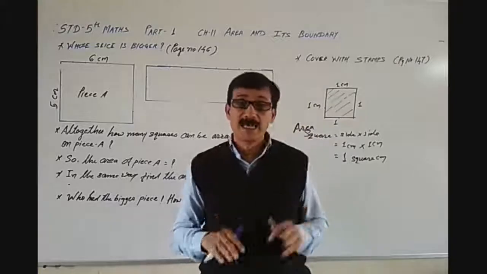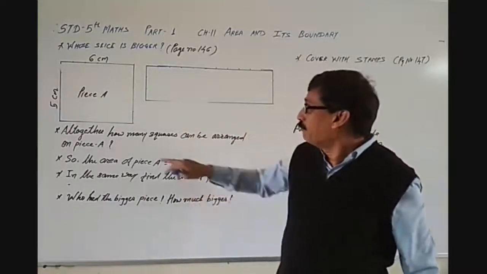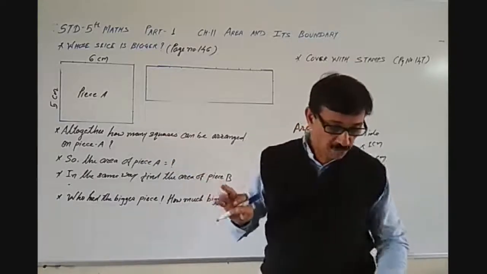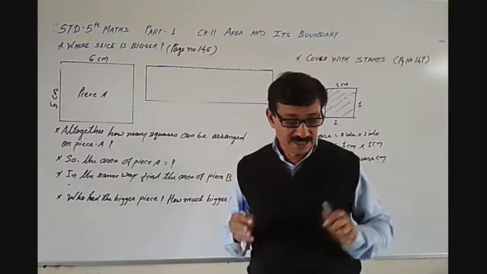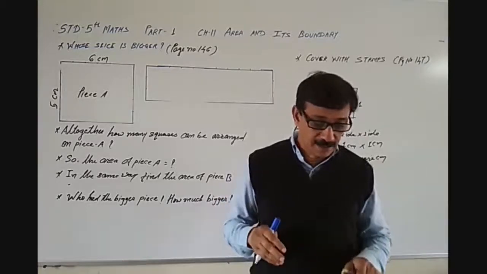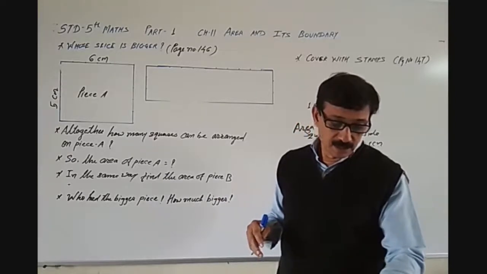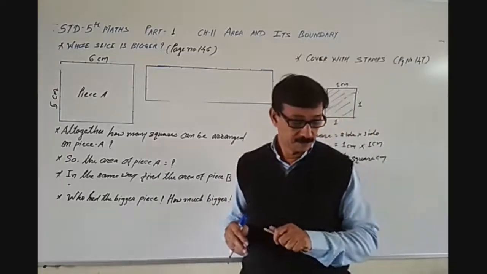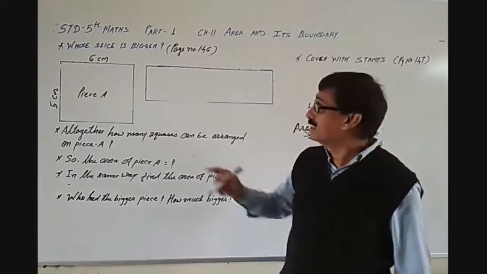Now let's go for this. Let's solve this. Here you can see what is to do. First of all, a friend of Parth and Ginny showed one way using small squares. The length of piece A is 6 centimeter.